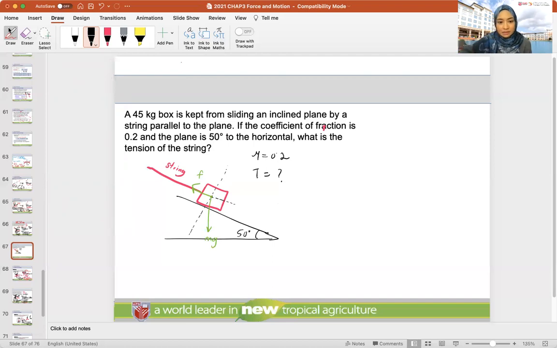Anyone wants to help Alisa? X-axis, mg sine 50.